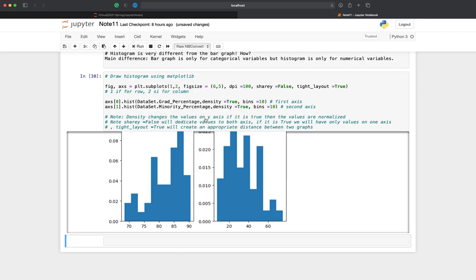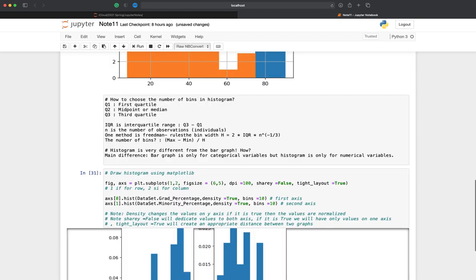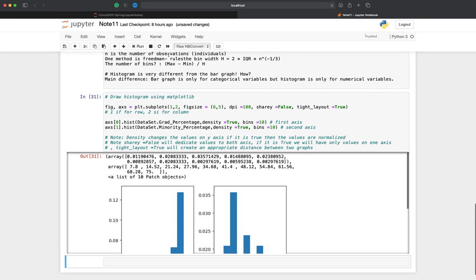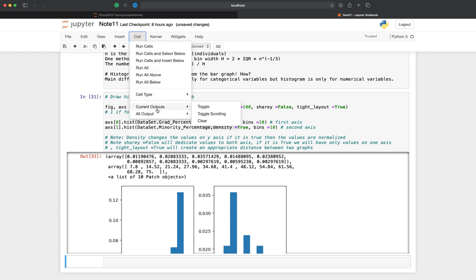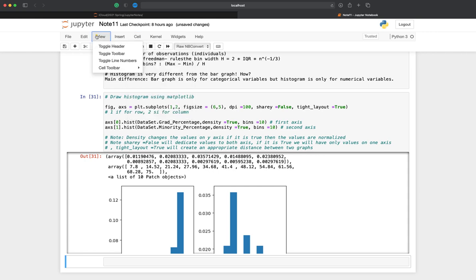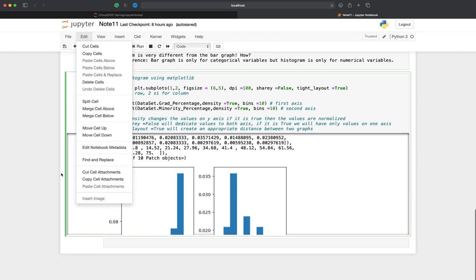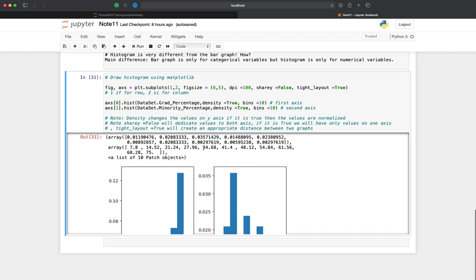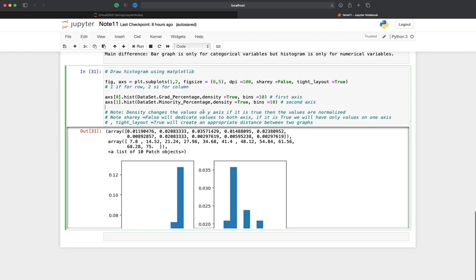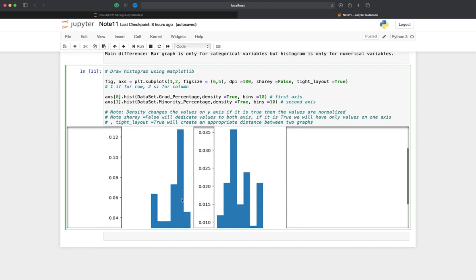This one changes clear. I remember it was something like toggled, something like that. You should go through that and see how you can change that. Some of I know for a fact you will do that. This is a new version of Jupyter Notebook that I downloaded recently, and they have changed lots of things.